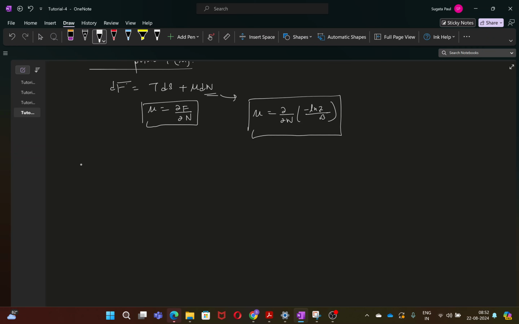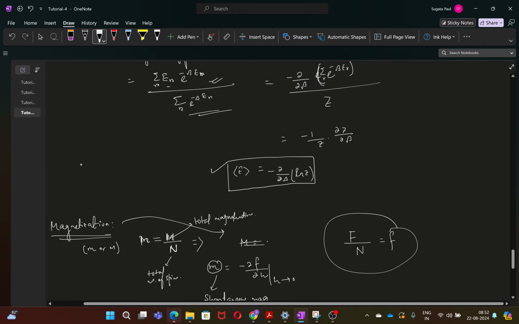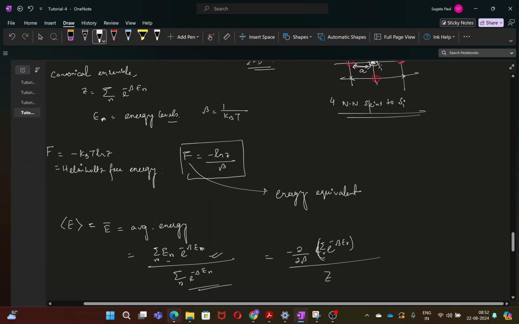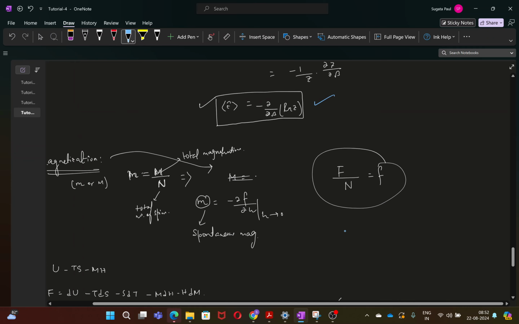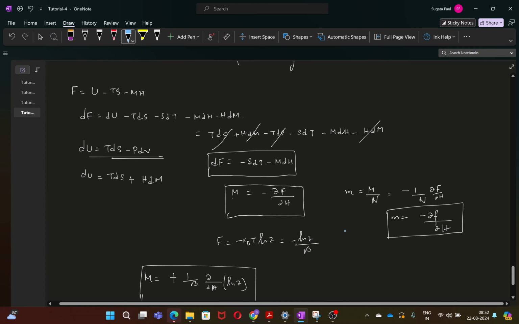So you can clearly see from all these calculations that if Z is your partition function for this Ising spin model, then the energy also has a logarithmic dependence on the partition function, and in the expression of average energy you have ln Z. And then for the magnetization as well, you get a first order partial derivative of the logarithm of the partition function.